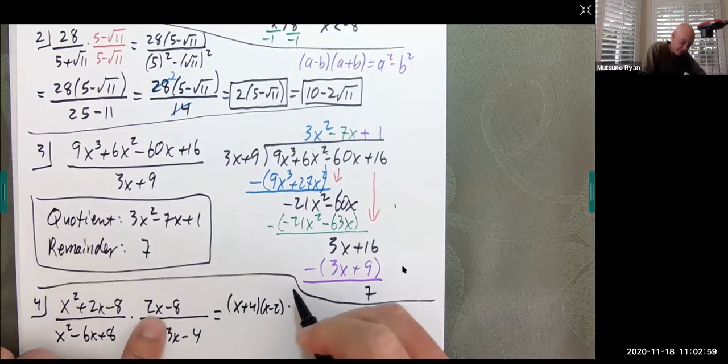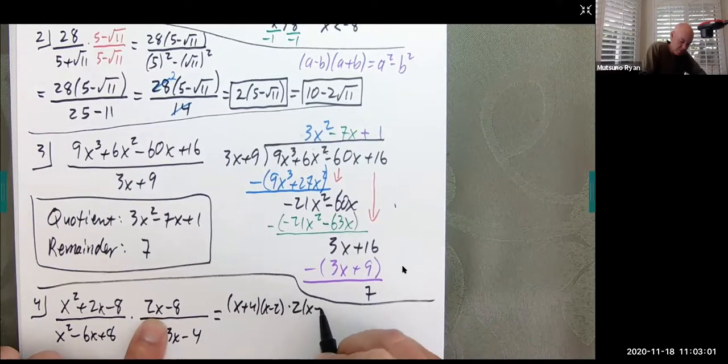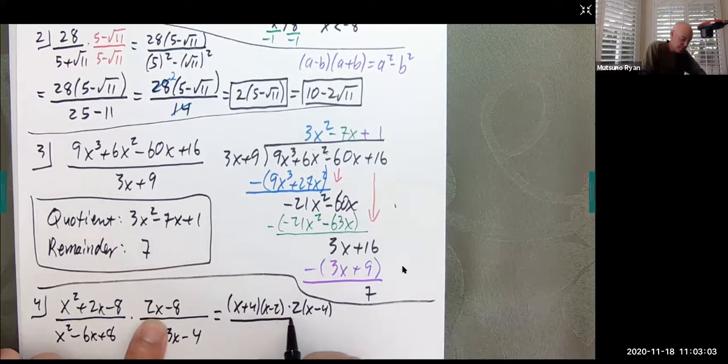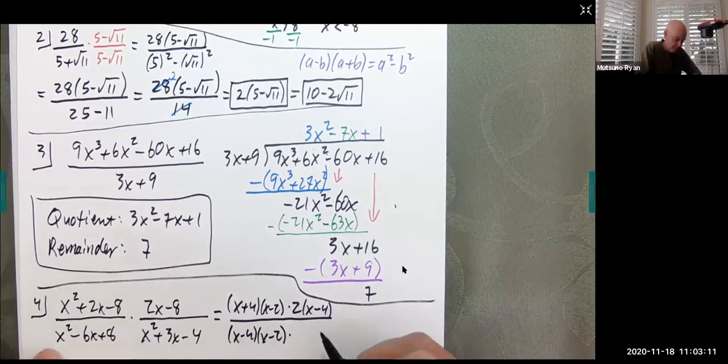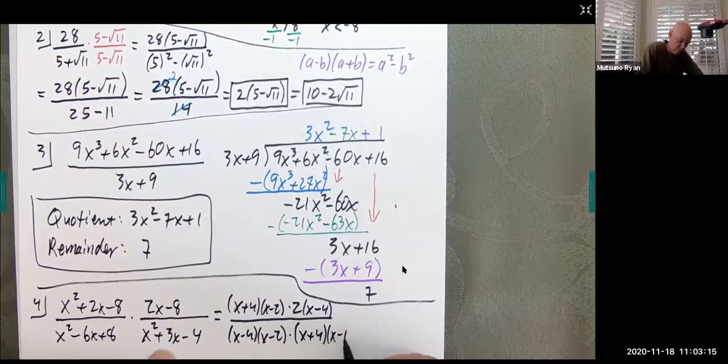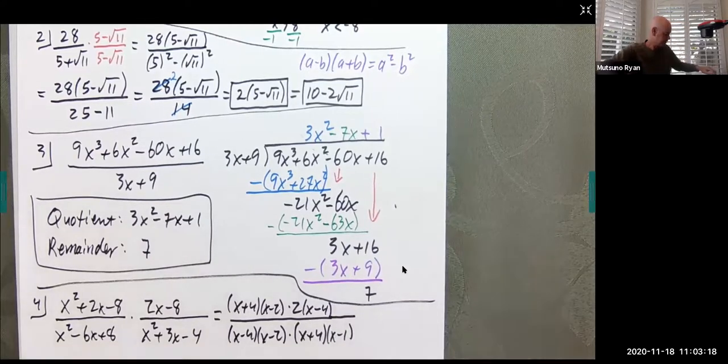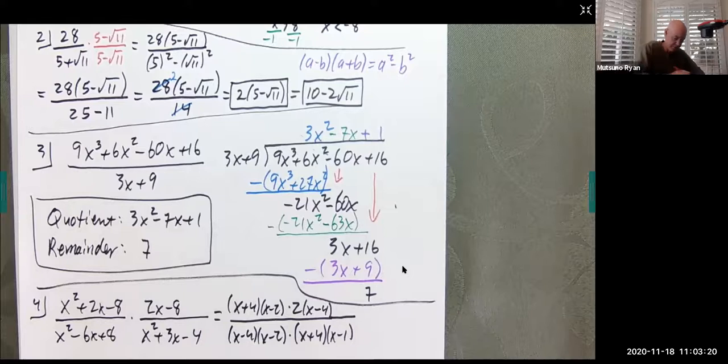I'm going to factor this one here. A common factor of 2. I'm going to factor this one here. And I'm going to factor this one here. We're going to see a lot of things reduce here. We're going to end up with 2 over x minus 1.